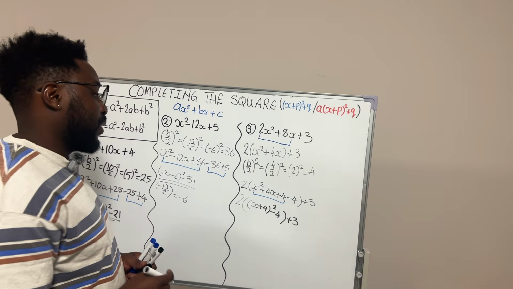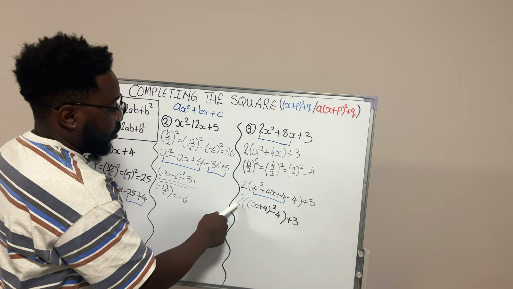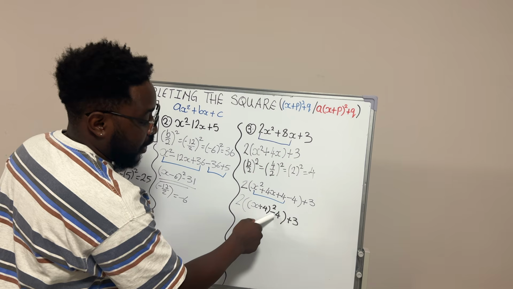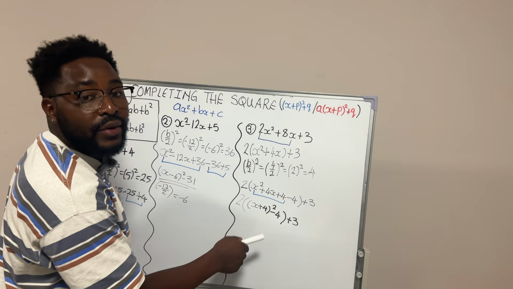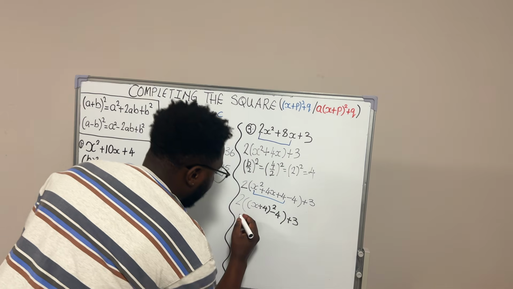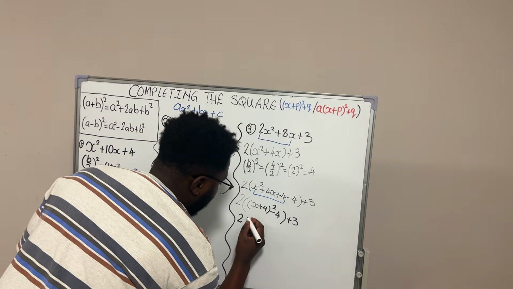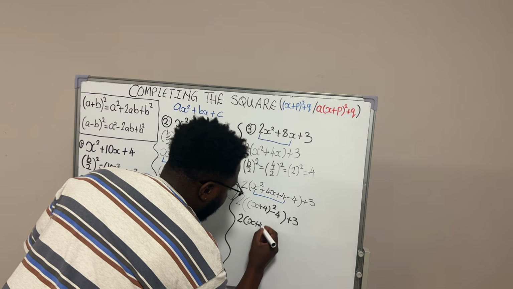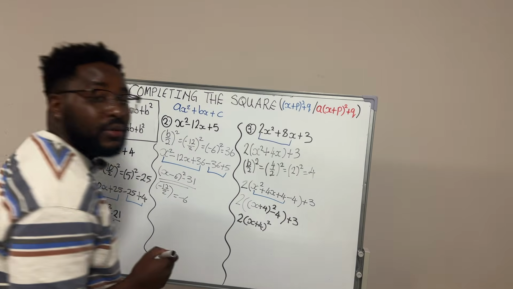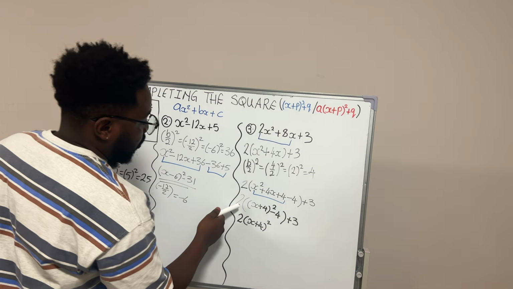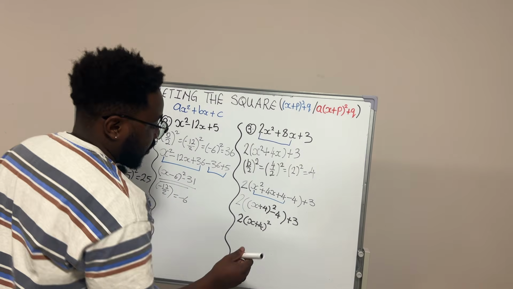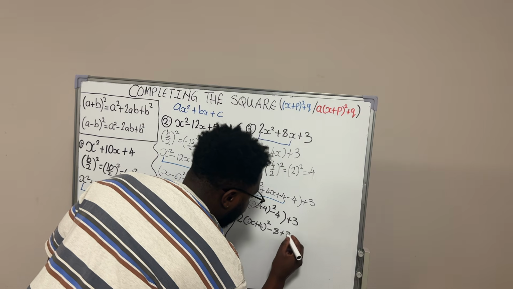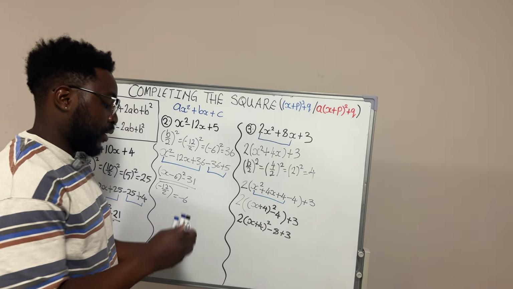What will be our next step? Our next step will be distributing the 2 to all the terms in the brackets. That includes the negative 4. All right, so let's do that. We shall then have 2, yes, x plus 4 squared. Yes, we square it. 2 multiplied by negative 4, that's negative 8, plus 3, right?